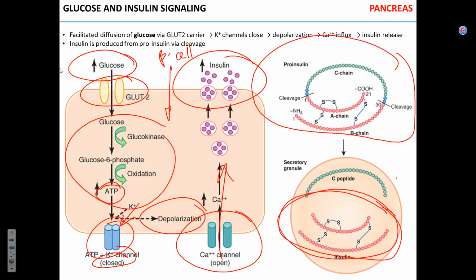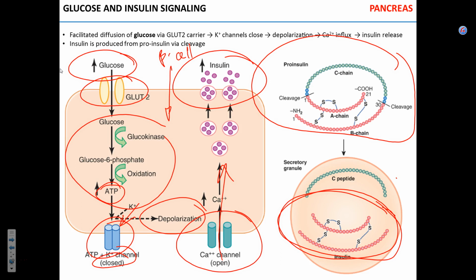When glucose goes up in the beta cell, how does it affect the levels of ATP? They go up. When levels of ATP go up, what happens to potassium channels? Why? Because these channels are gated by ATP, right? ATP is the signal for the channels to close.